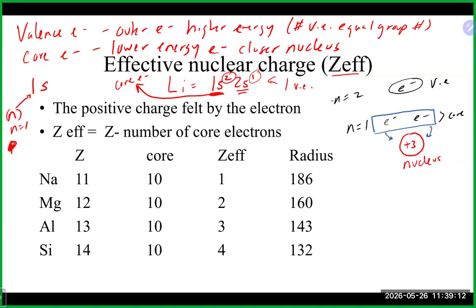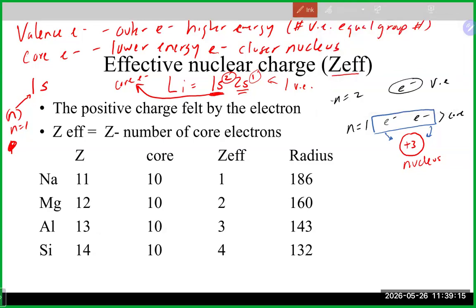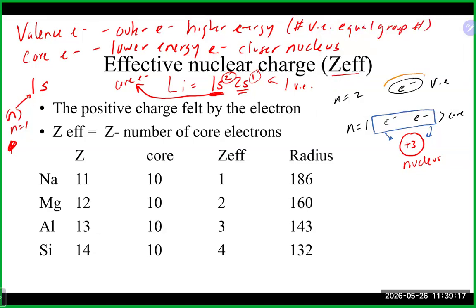Now, what happens when we move out to our valence electron out here? It actually does not feel that full +3 charge of the nucleus, and that is because it experiences something known as shielding.